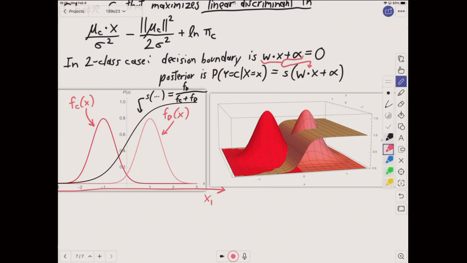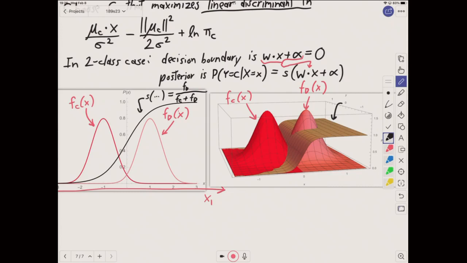Once again, we have the posterior probability for class C, the posterior probability for class D, and then the, no, I'm sorry.